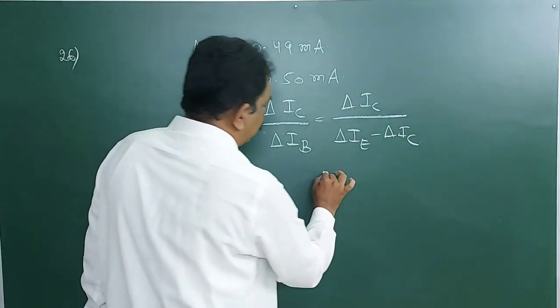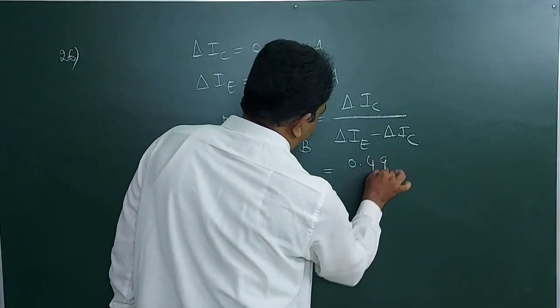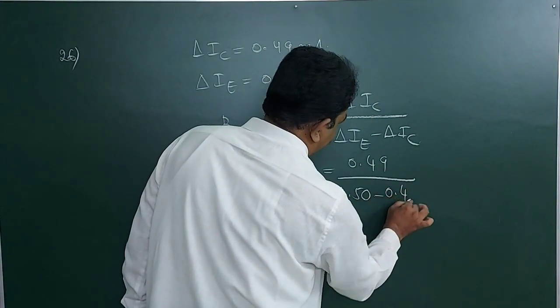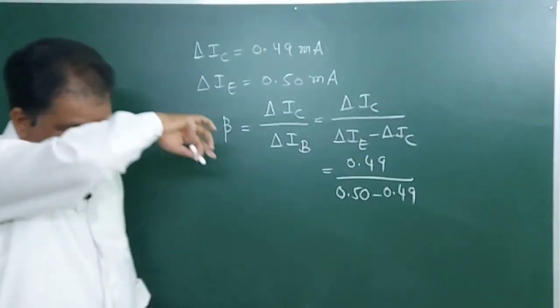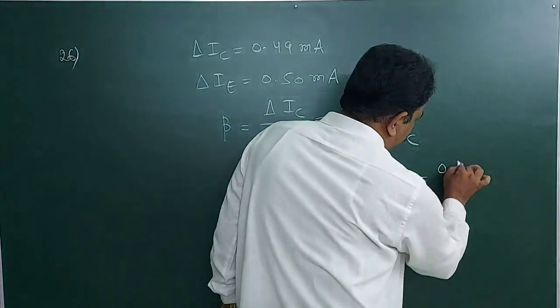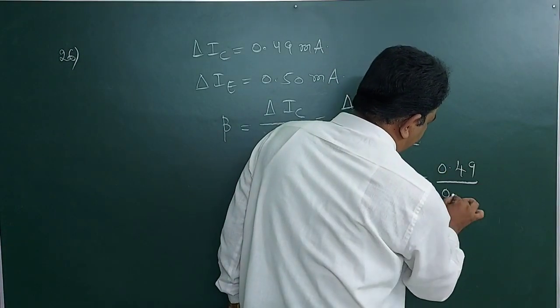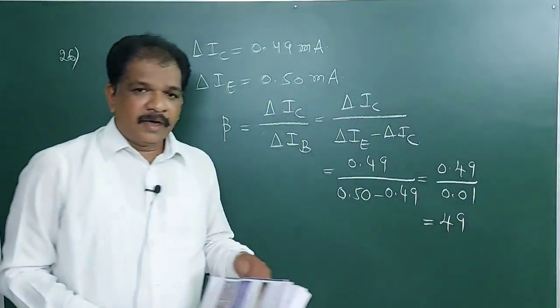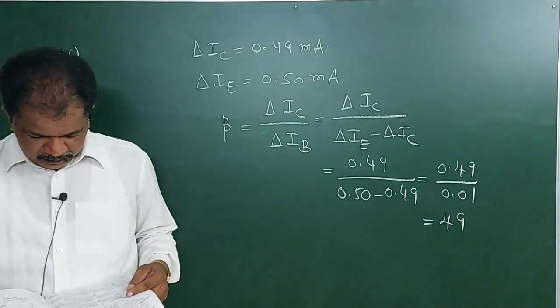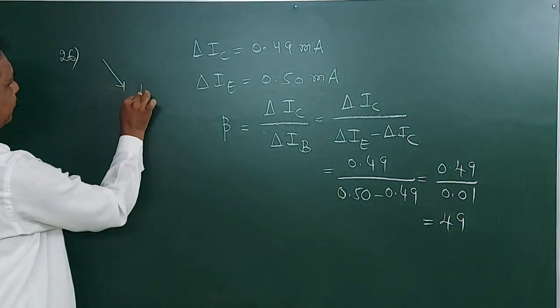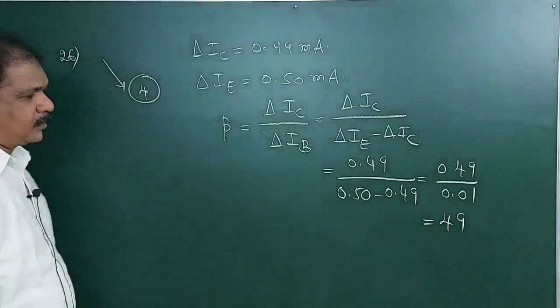So 0.49 by 0.50 minus 0.49. So we'll get 0.49 by 0.01. So this value will be 49. 26, it will be fourth option.